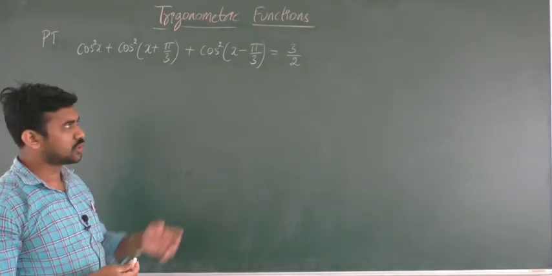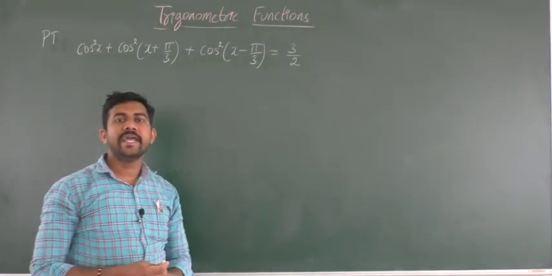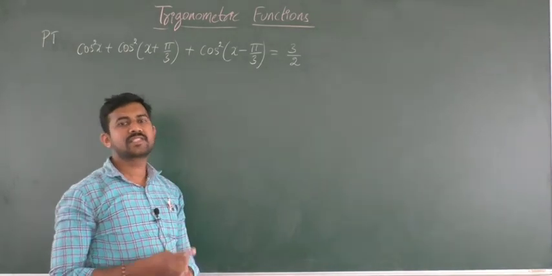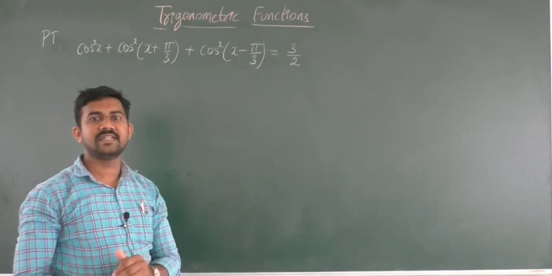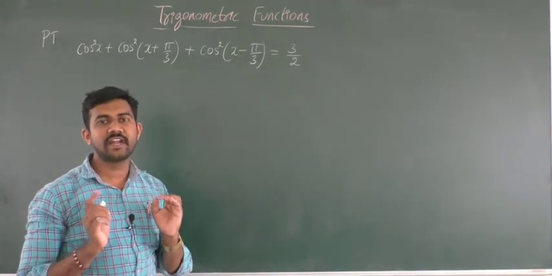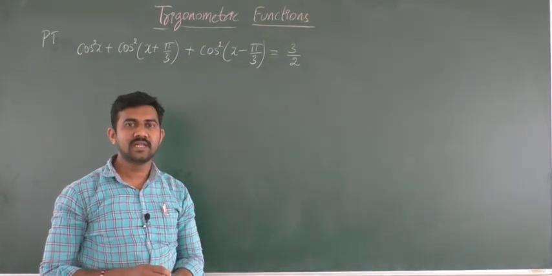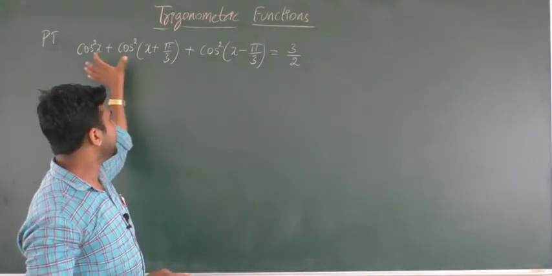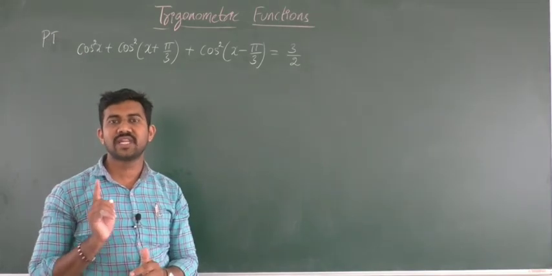Once see the question what they have given. Cos square x plus pi by 3 plus cos square x minus pi by 3, that is the left hand side. By considering the left hand side, we have to obtain the right hand side. You can observe here each term of the left hand side is in the form cos square theta.